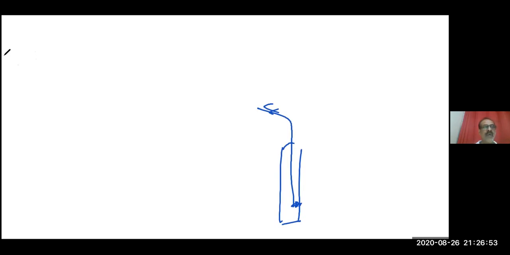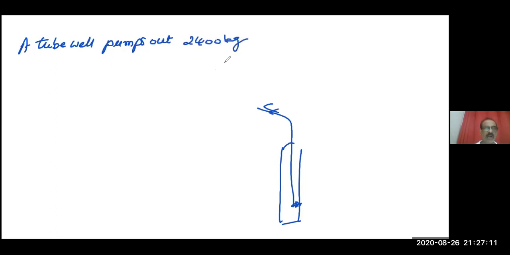Next, a tube well, which means a bore well. We are pumping the water out of it with a motor. A tube well pumps out 2,400 kilogram of water per minute.